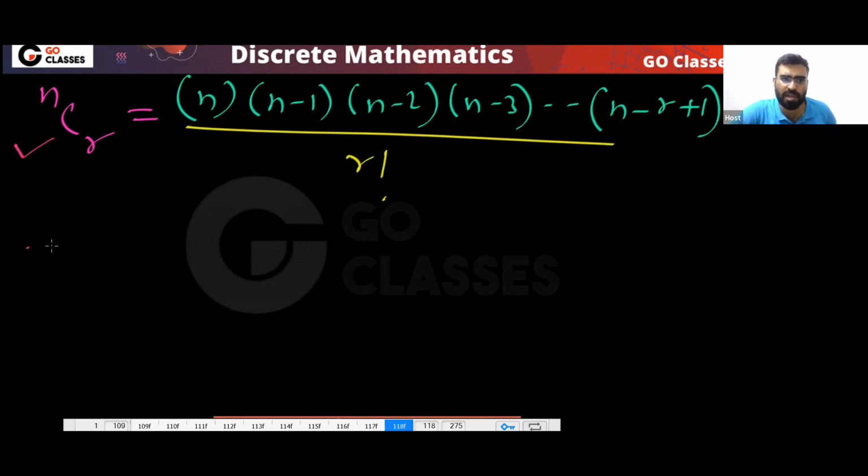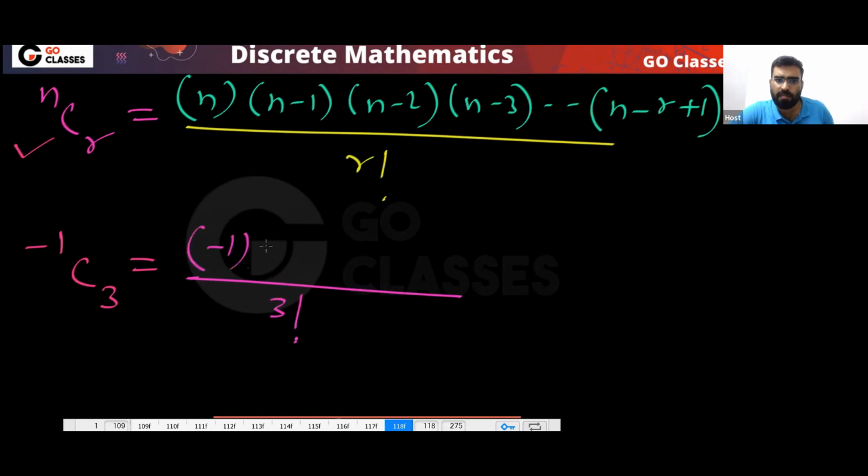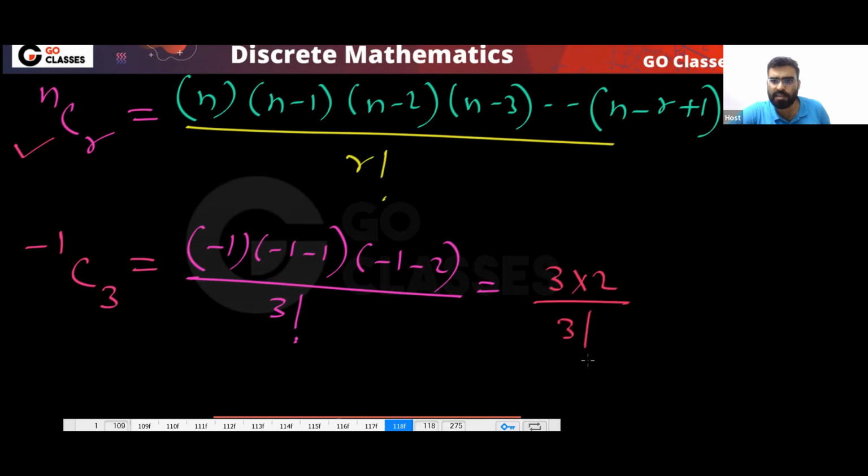Total R terms. So tell me, what is minus 1 C3? Can anyone tell me? Minus 1 C3 will be 3 factorial in the denominator, and in the numerator minus 1, minus 2, minus 3. So the answer will be minus 3 into 2 divided by 3 factorial.